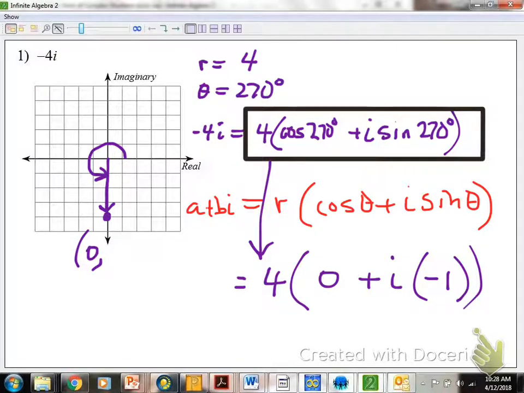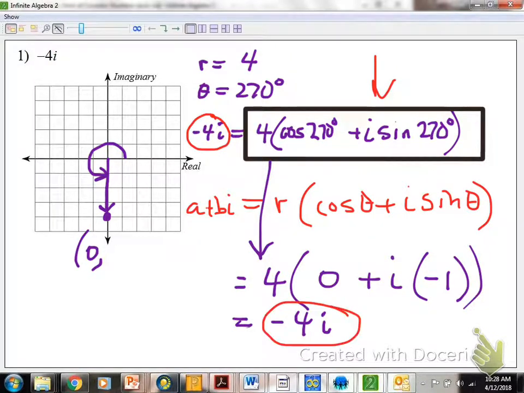And what do we get if we multiply that together? Negative 4i. So this confirms that we started with negative 4i, we changed it to polar form, and if you evaluate the polar form, you get negative 4i. That confirms that the polar form that we did is correct.